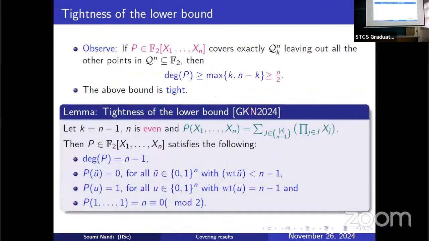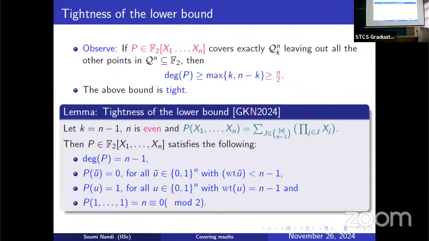So suppose n is even, and I am considering k to be n minus one. That is, I want the polynomial to be non-vanishing exactly at n minus one and vanishing at all the other layers.